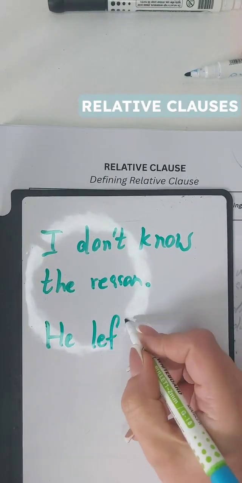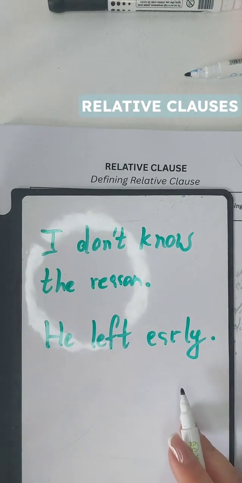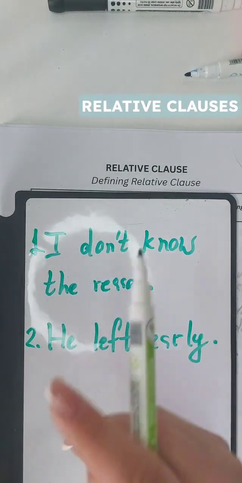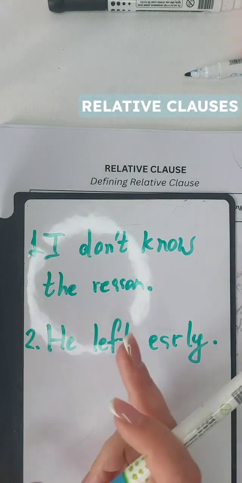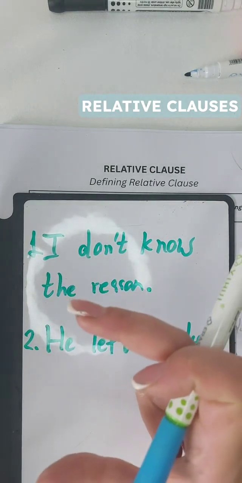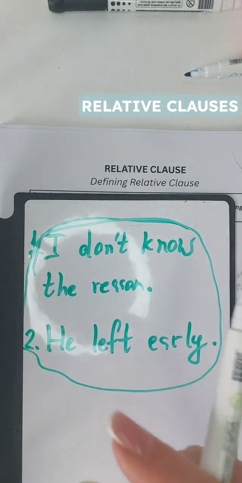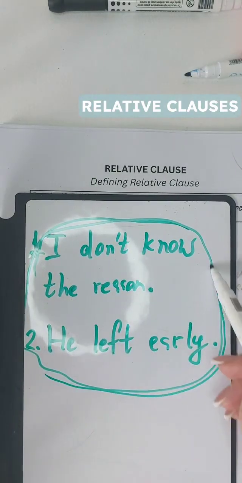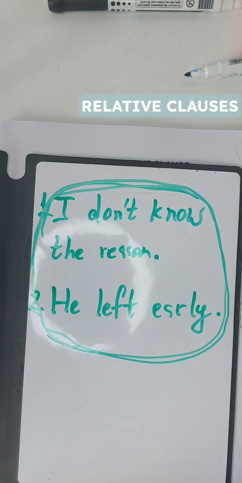He left early, two sentences, right? That's how we start learning English, right? We use short, separate sentences. If we want to make longer sentences, and instead of these two sentences use one longer sentence, we should combine these two sentences and use the relative word.